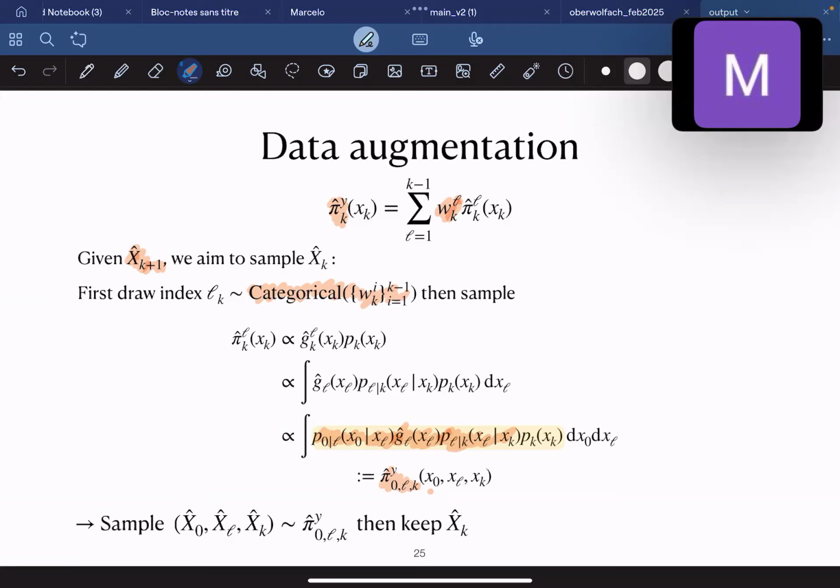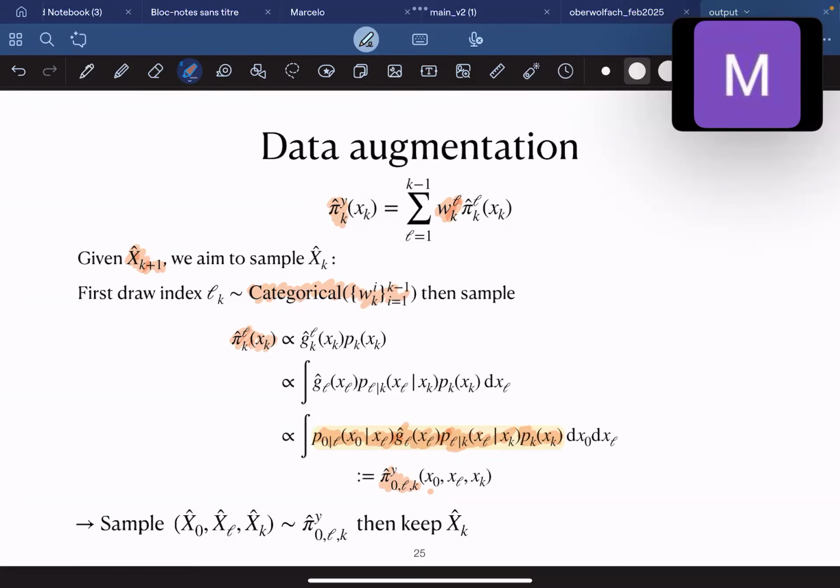So that's the joint which I consider, and it's relatively easy to show that if you marginalize the joint with respect to x_0 and x_l, you obtain the approximation pi hat_k^l that I just introduced to you.